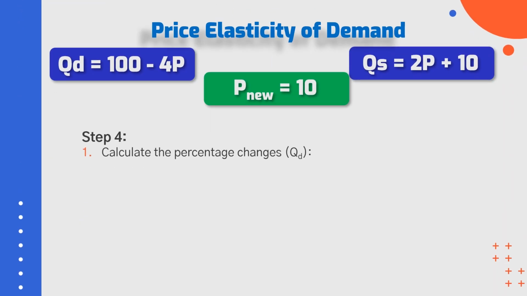So first of all, we need to calculate the percentage change in quantity demanded. Remember, in the initial part of this assignment, we had the quantity demanded at the level of 40. It was the equilibrium quantity. So now we have 60.